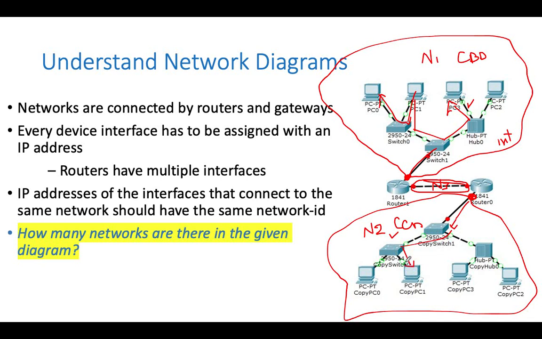How many networks do we have here? Three different networks: 1, 2, and 3. Usually routers separate networks. Again, routers separate networks. Remember that.